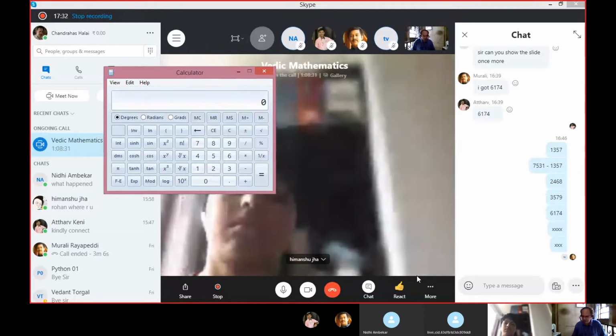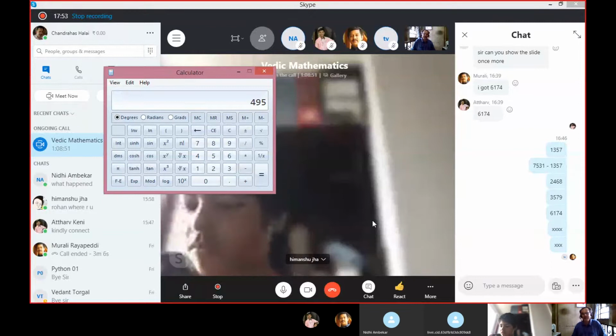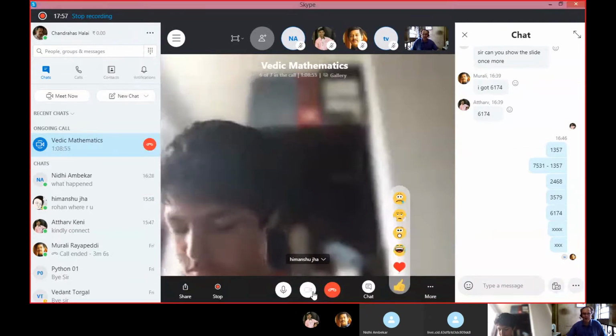I will arrange it as 531 minus 135, which is 396. So go on in the loop. Take any 3-digit number, and I think the Kaprekar's constant for 3-digit numbers is 495. You can try it out.